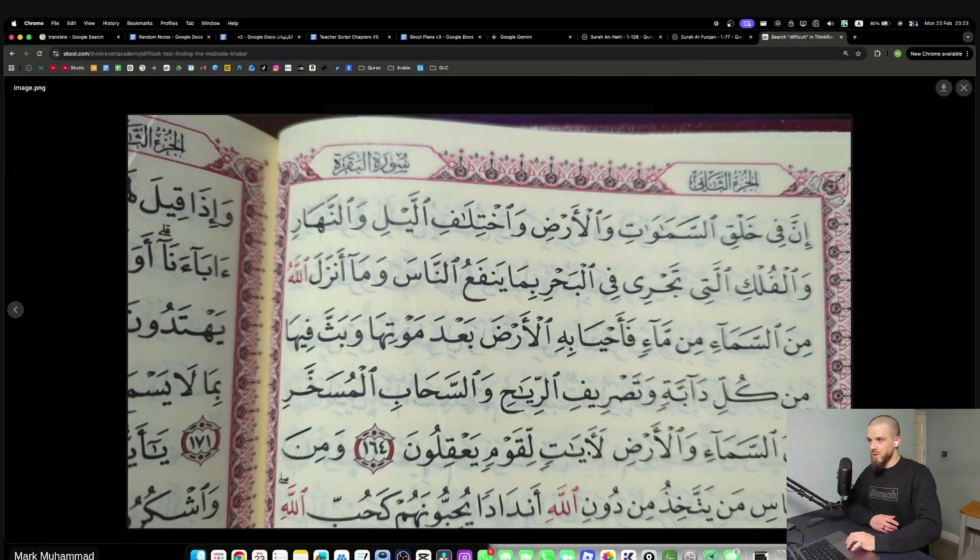The mubtada is this word right here, la ayatin, and the khabar starts right here and goes all the way up to wal ard. That whole thing is the khabar. So la ayatin is a mubtada, but the mubtada is delayed right until the end.